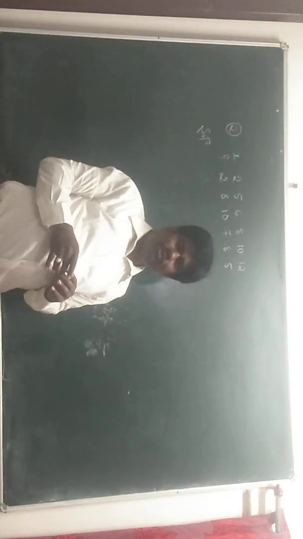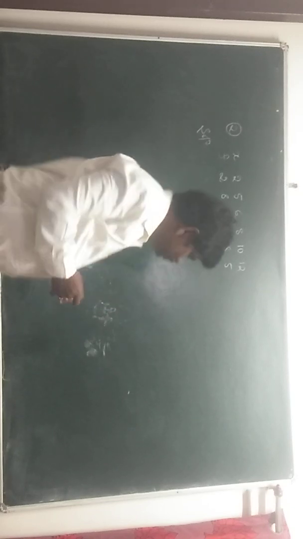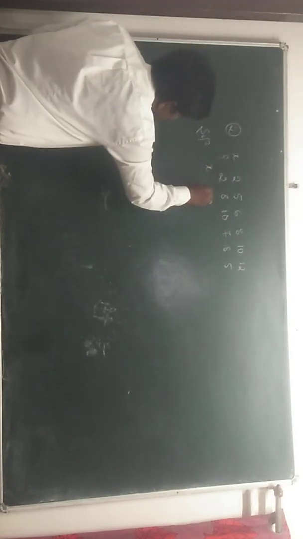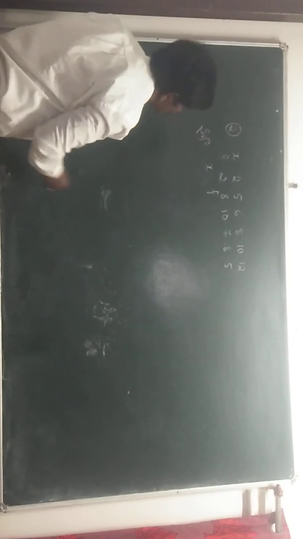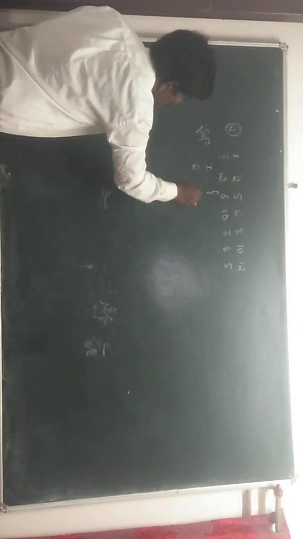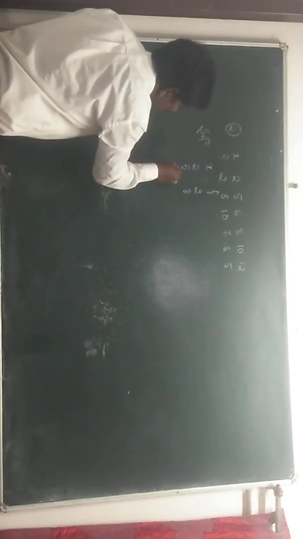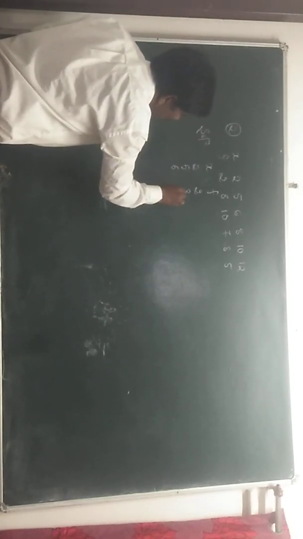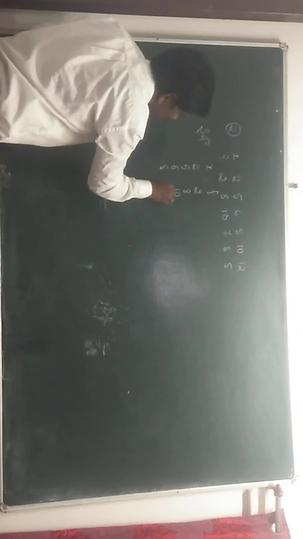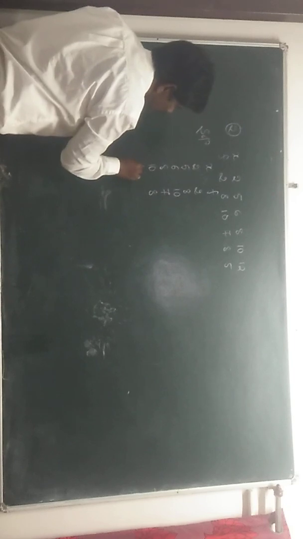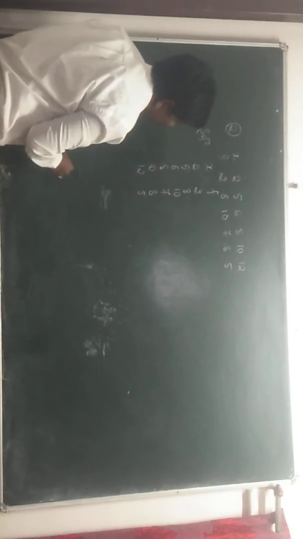For our convenience, we can do this in the form of a table. So I will do this problem in the form of a table. Here in the first column I will write the scores, and in the second column I will write the frequency. So score 2 is repeated 2 times, score 5 is repeated 8 times, score 6 is repeated 10 times, score 8 is repeated 7 times, score 10 is repeated 8 times, score 12 is repeated 5 times.